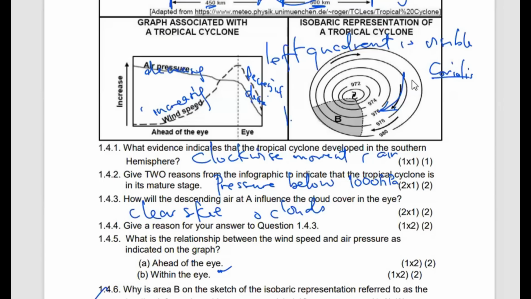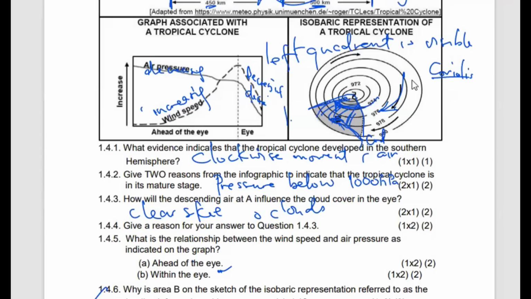So there is also a deflective effect happening in the same area. Winds are being deflected to the left. At the same time, the winds are circulating in the same direction in this quadrant here. We are seeing that the circulation is going in this direction, while the deflective effect is also going in the same direction. So the combined effect of the Coriolis deflection with the circulation of the system creates very strong winds in this area.